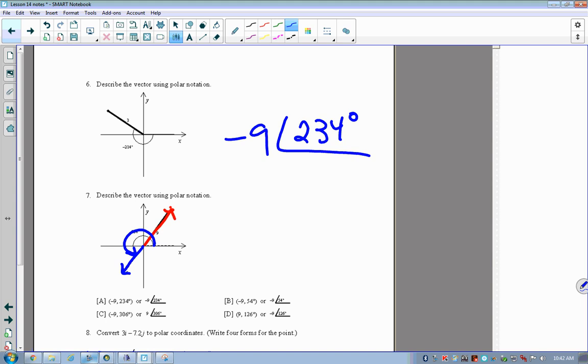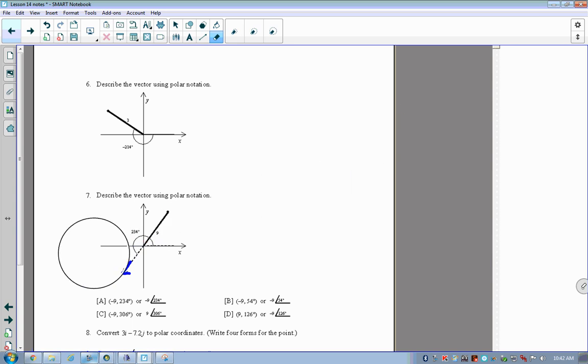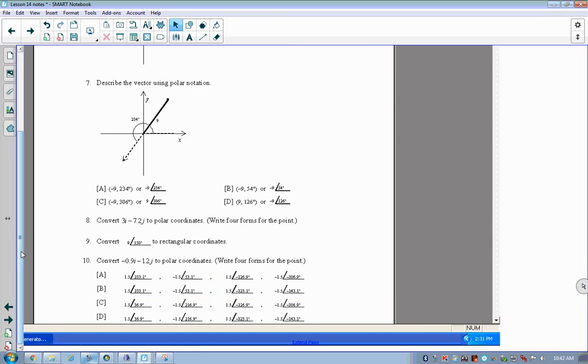No? All right. Let's get down to this last part, which is 8. Let's slide on down. This is what we call rectangular coordinates. Basically, we're saying our x is 3 and our y is negative 7.2. That's not hard. The x is the i's, the y is the j's.